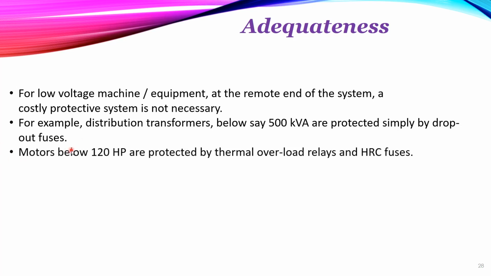Now also the motors below 120 horsepower are protected by thermal overload relays and high rupturing capacity fuses. This type of fuse is used to protect against short circuit, and thermal overload relays act when the current exceeds a certain value or overloading occurs.